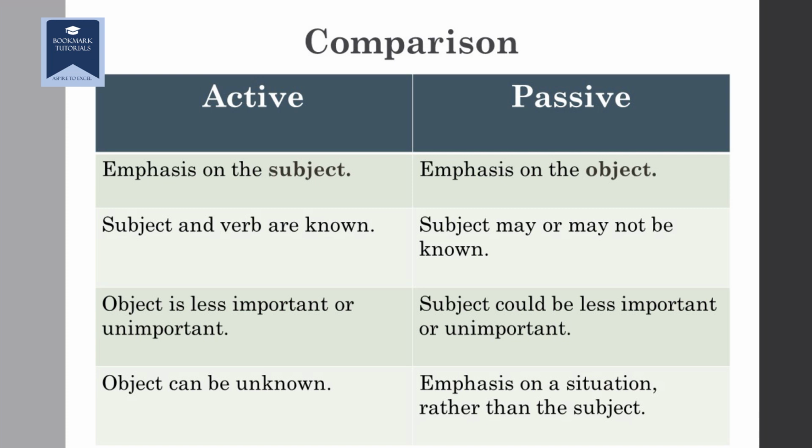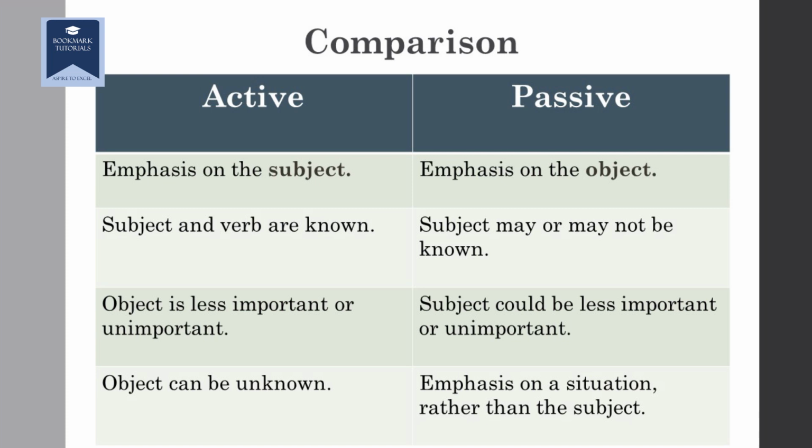For example, someone broke my coffee mug. This is the active form. When we say this in the passive form, we can say that my coffee mug got broken.